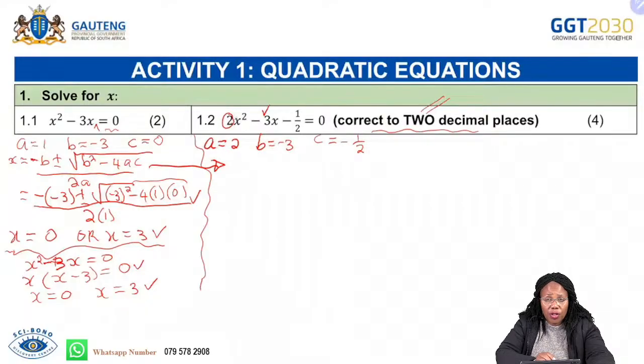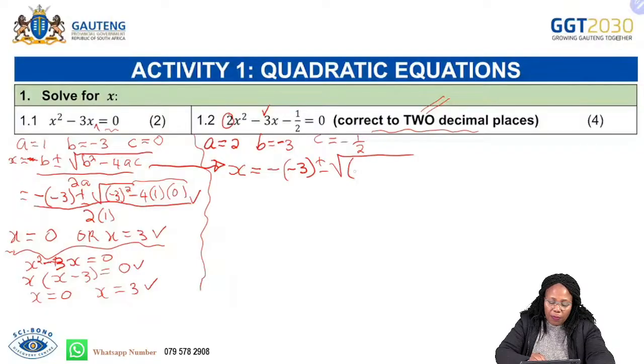Ensure that you copy it correctly from your formula sheet at the back of your question paper. Then this will be X. The formula is having a negative there, then we put that negative first, and then another negative for B, and then plus minus the square root of B, which is minus 3 squared minus 4, the value of A, 2, the value of C, negative half.